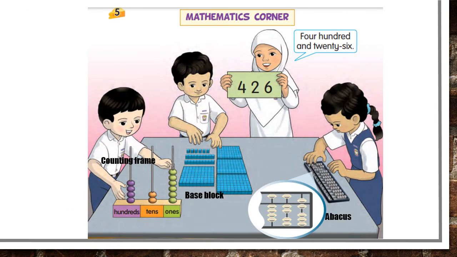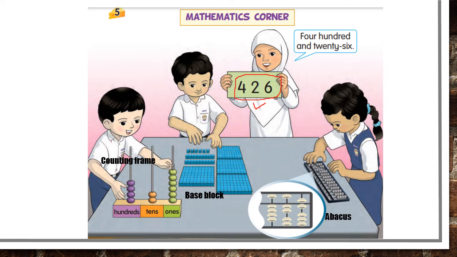Alright, this picture shows some pupils are working together at a mathematics corner. Well, this girl is holding a card written a number which is 426, while the other 3 pupils are going to represent this number in different ways.